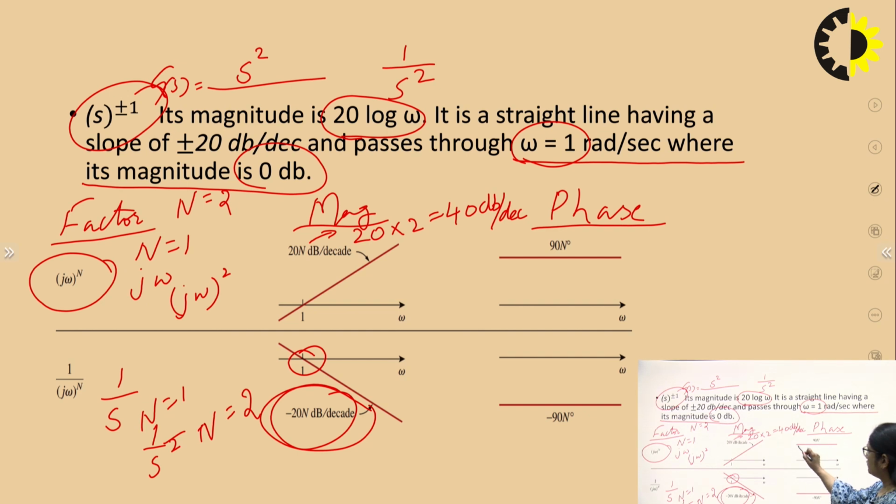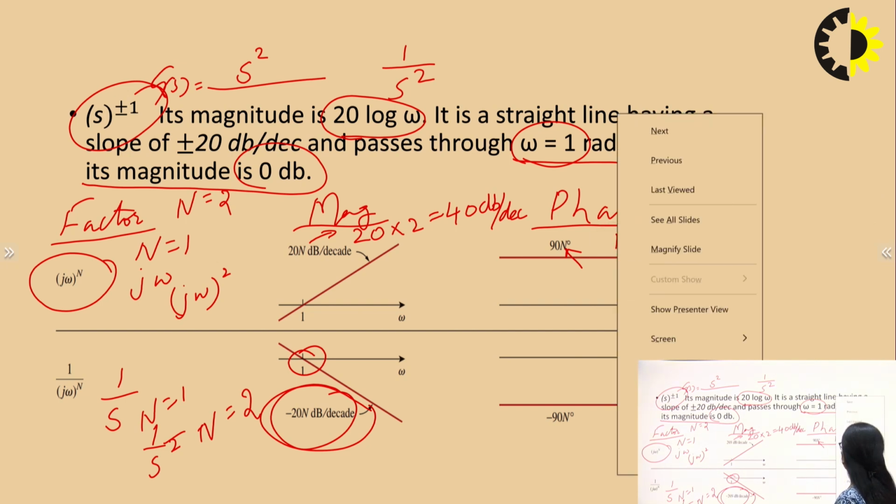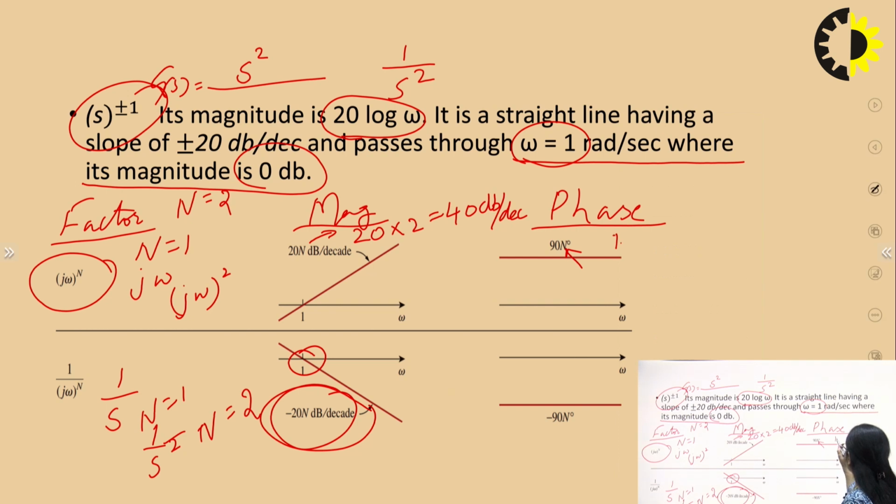And in case of phase, when we plot it, the phase will be a constant value of 90n. Again, if n is 1, it will be a constant line of 90 degrees, and if n is 2, then we will have a constant line of 180 degrees.